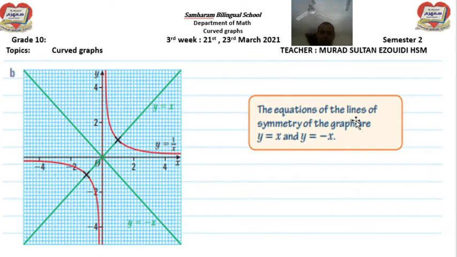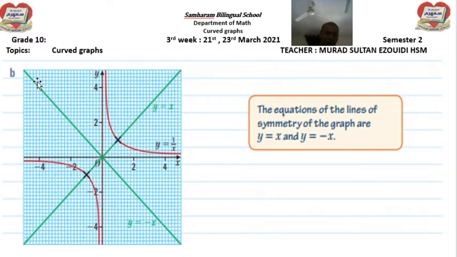The equations of the lines of symmetry of the graph are y equal x and y equal minus x. You see, this is y equal x. Okay, this part is symmetrical to this. This is the equation y equal 1 over x. Also, this part, from this to that, is symmetrical to this to that, in agreement with the line of symmetry y equal x.